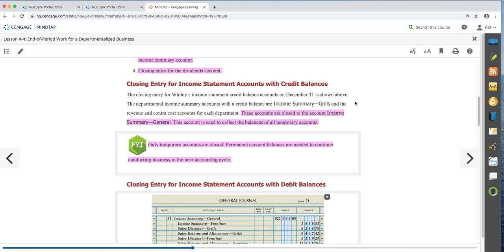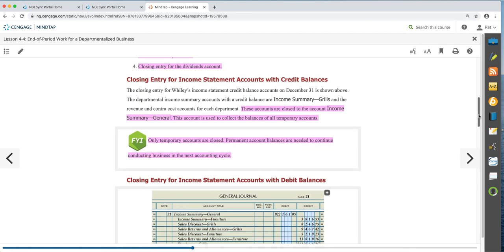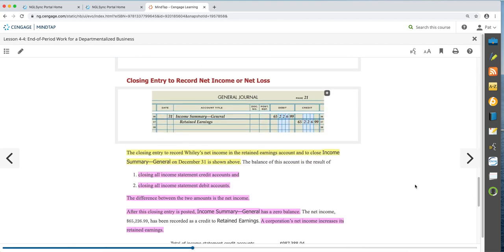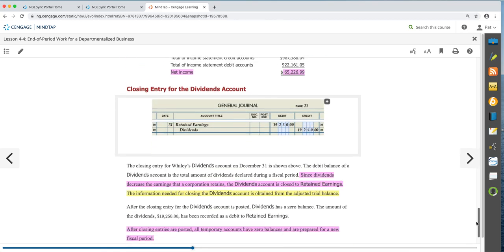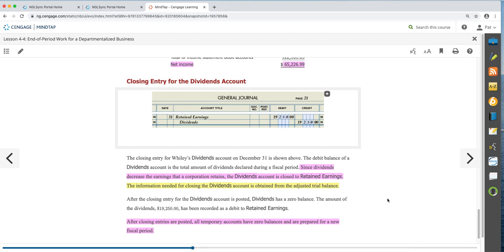The last closing entry, excuse me, is the closing entry for dividends. Dividends we pay out to our shareholders, and that's all decided by the board of directors. So we have retained earnings and dividends as our last entry. We credit dividends to get rid of it, since we normally debit it.